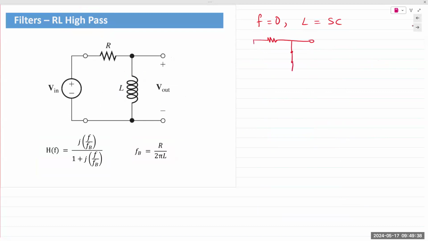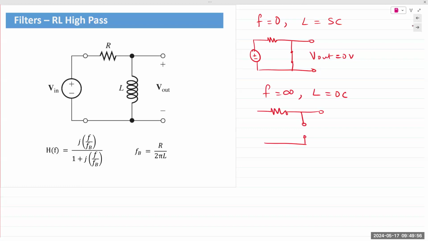So if it behaves like a short circuit, V out goes to 0. And at high frequencies, the inductor behaves like an open circuit, and so V out is equal to V in.